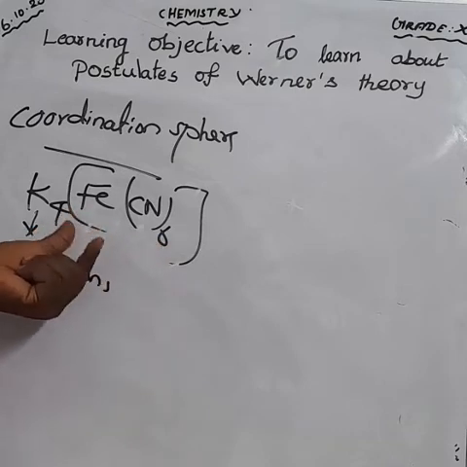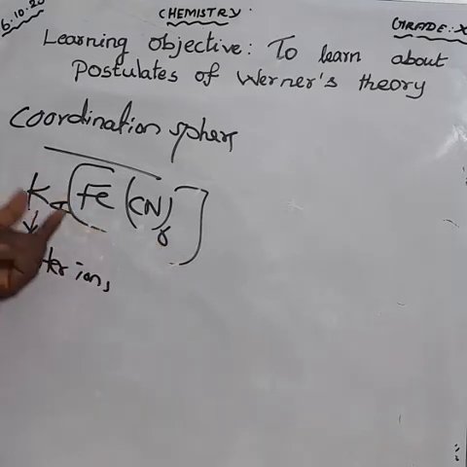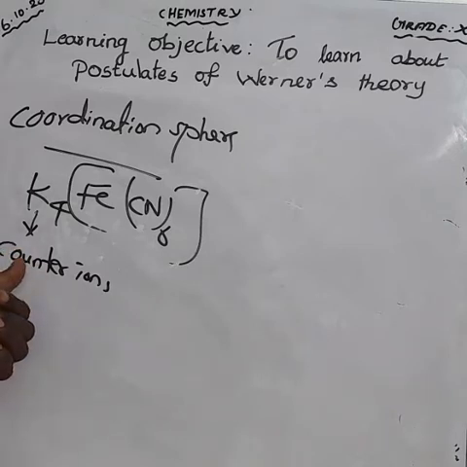One more ion should be present outside the sphere, and that is called the counter ion. Clear?